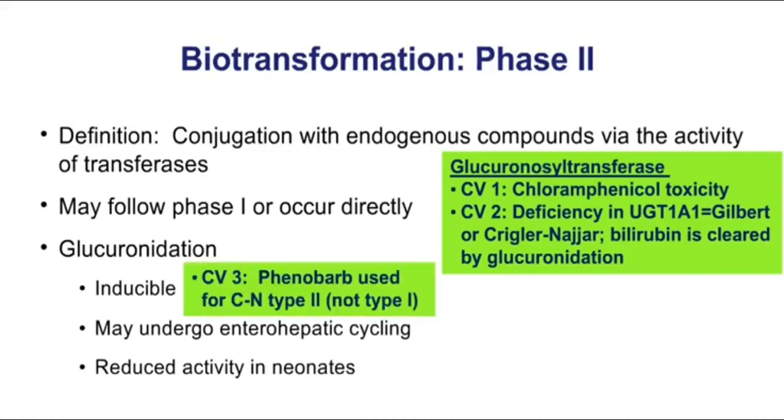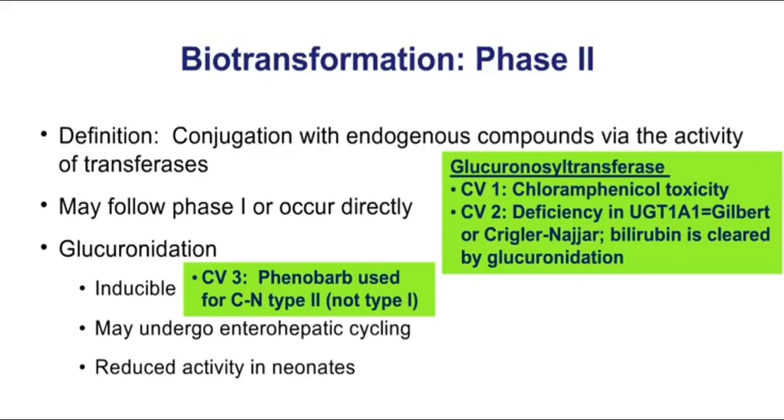The third clinical vignette is a way to distinguish Crigler-Najjar type 1 from type 2. We can actually use the drug phenobarbital for this purpose. Phenobarbital can be used because not only is it an inducer of P450 enzymes, it's also an inducer of glucuronidation. Phenobarbital can increase the levels of glucuronidase.